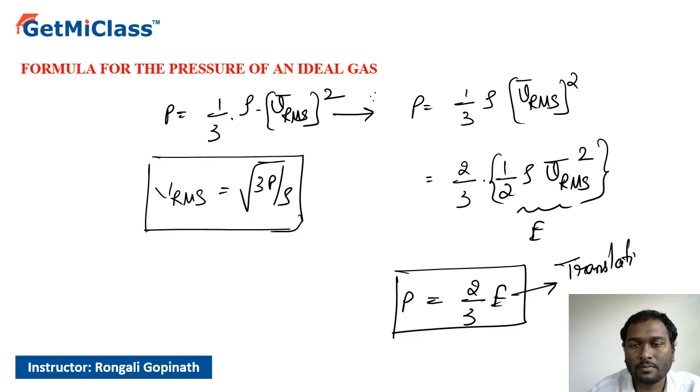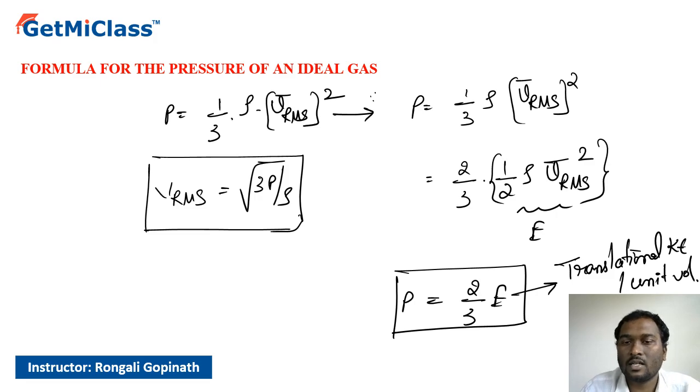Translational kinetic energy per unit volume, and it is given by half rho Vrms square. This is the relation between pressure and translational kinetic energy per unit volume. Please be very careful with E. It's not the total energy. It is the translational kinetic energy per unit volume.